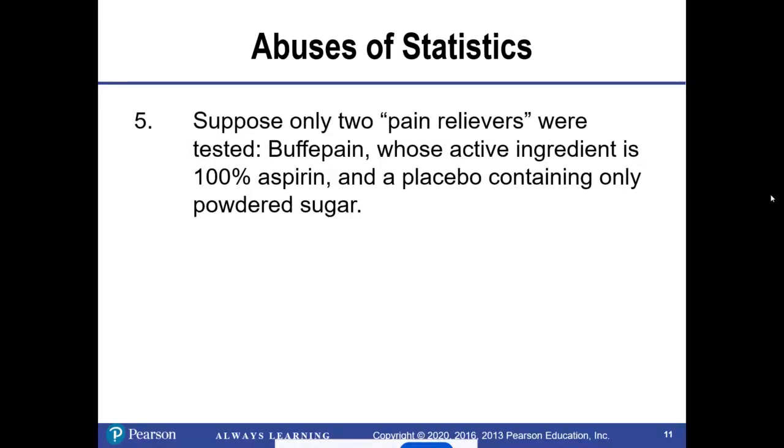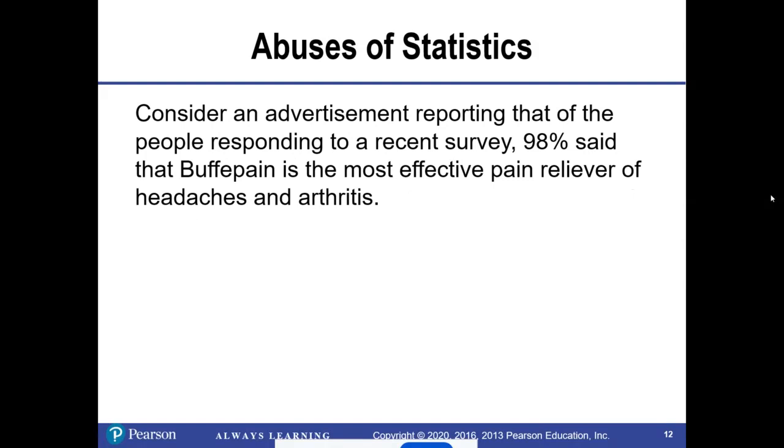Suppose only 2 pain relievers were tested: Buffapane, whose active ingredient is 100% aspirin, and then a placebo containing only powdered sugar.